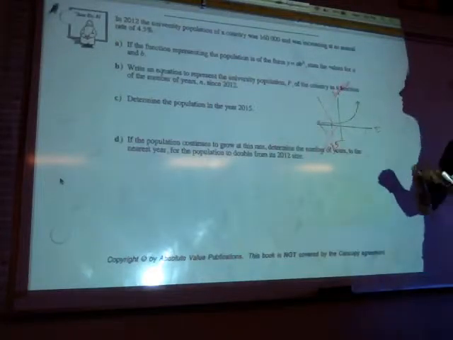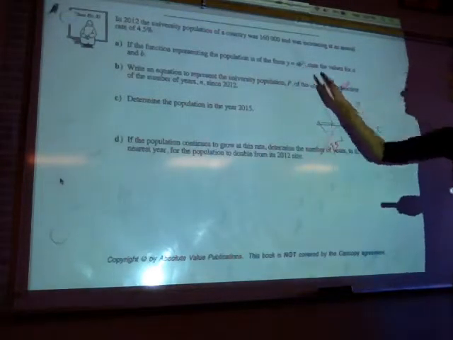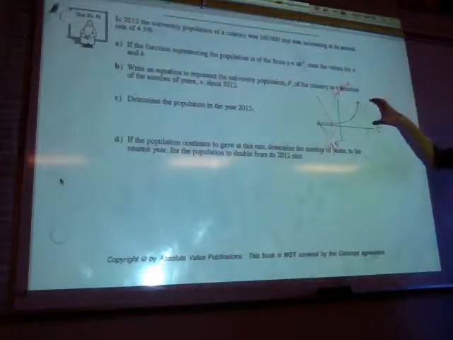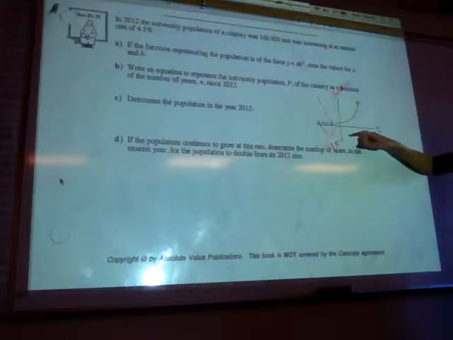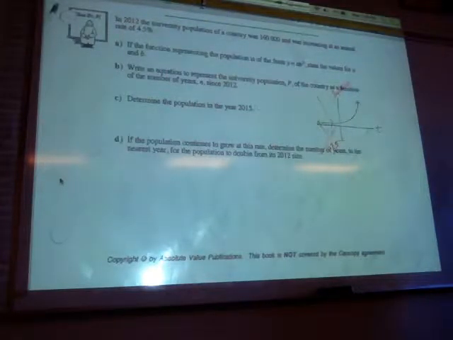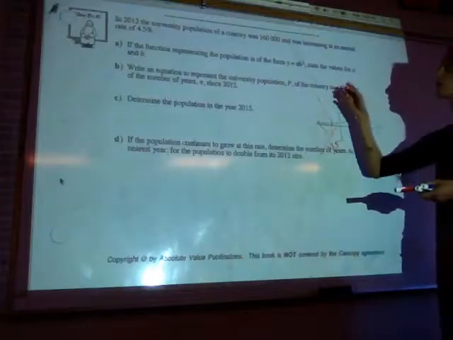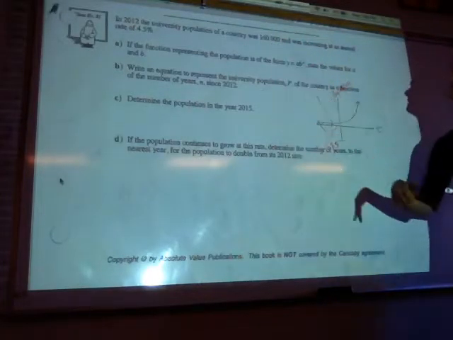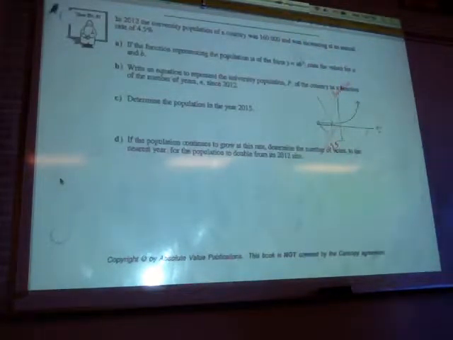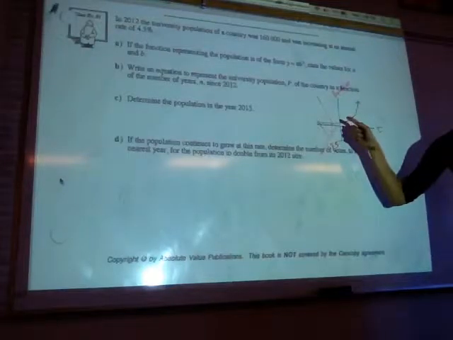Okay, so if a is your y-intercept, and we're just looking in quadrant 1, we could basically describe a as the starting point, the initial value. So in this case, 160,000 was the initial population. That would be the y-intercept on your graph.